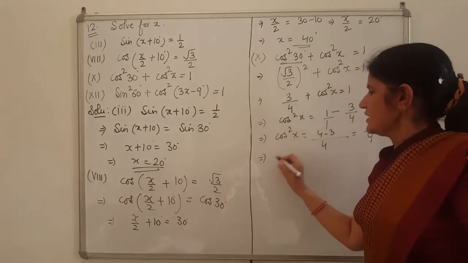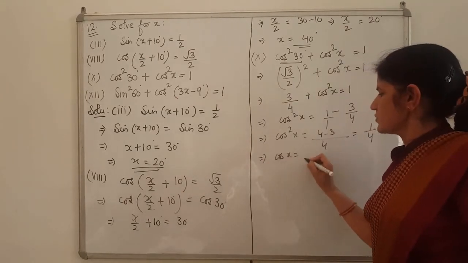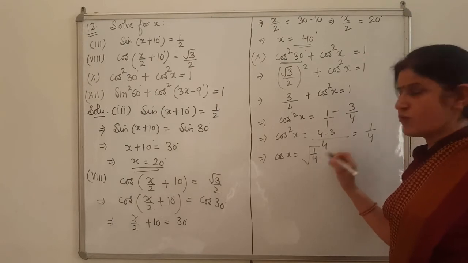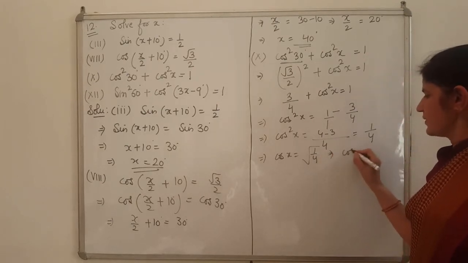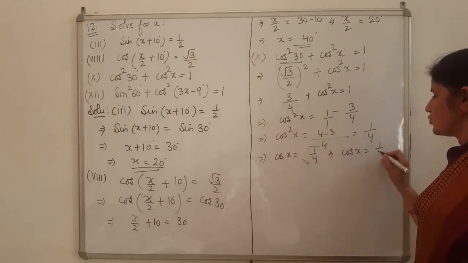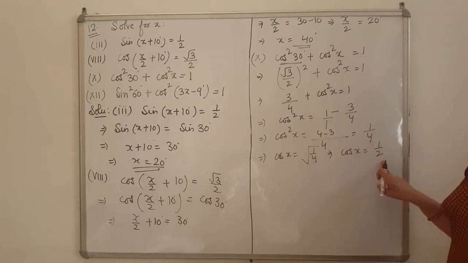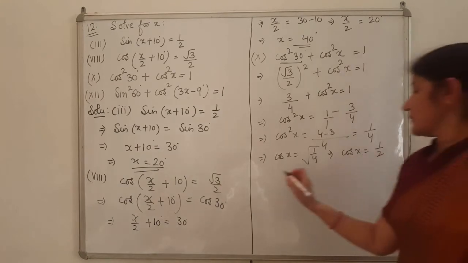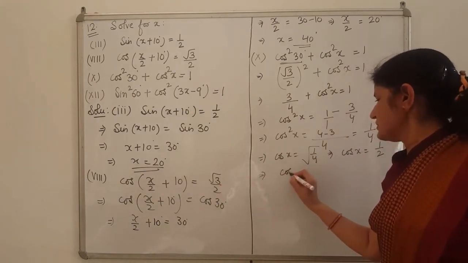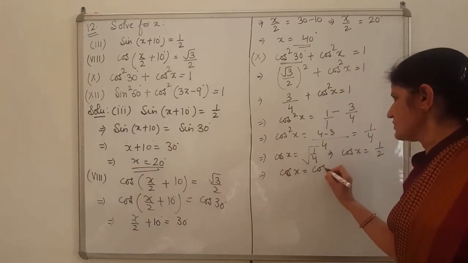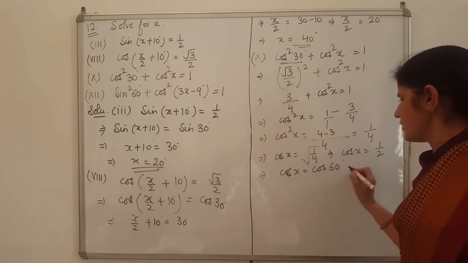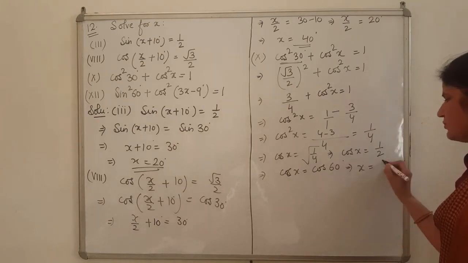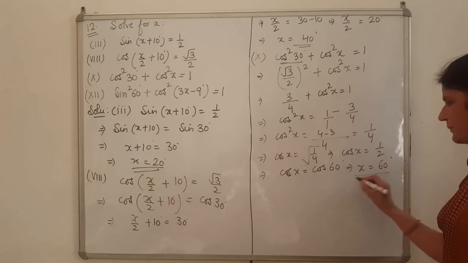Okay. So what is cos x? Square root of 1 upon 4. That means cos x is 1 over 2. Now this 1 over 2 is value of which angle in cos? 60. So cos x equals cos 60, and when you compare it, x is equal to 60 degree.